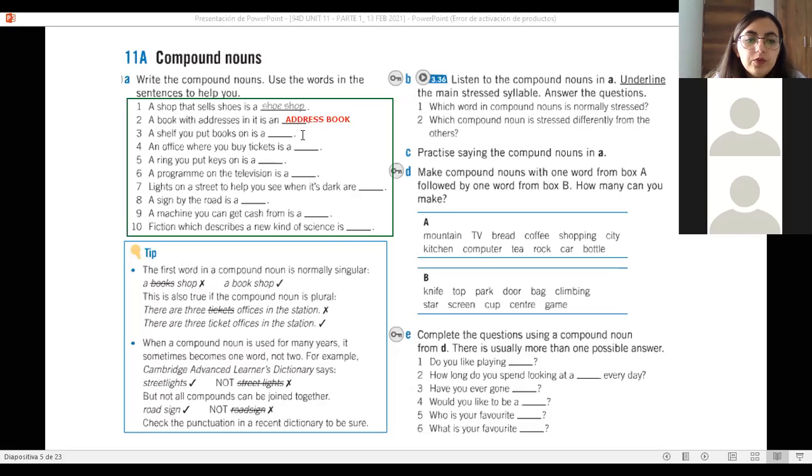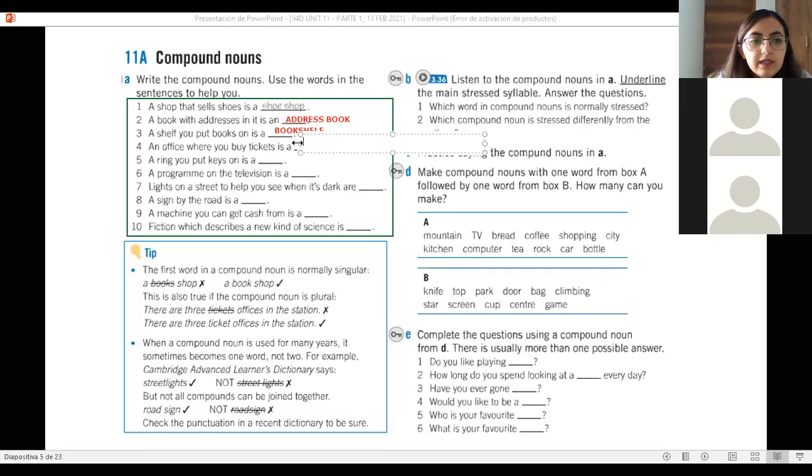A shelf you put some books on. Sería bookshelf. Exactly. Thank you. It's a bookshelf. Let's continue with the next.